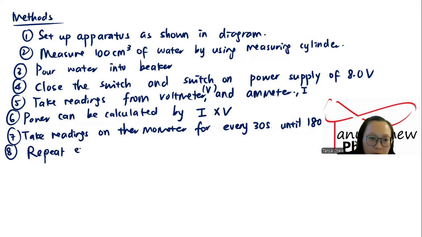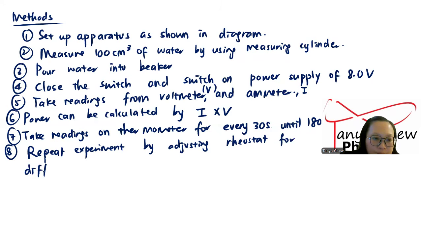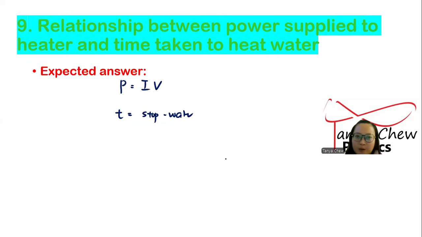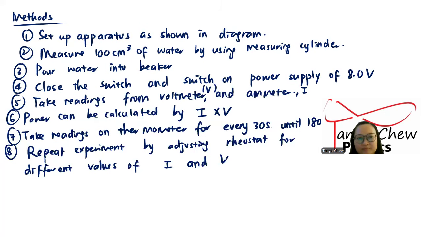Always repeat the experiment by adjusting rheostat for different values of I and V. So you see your power will affect, right? This question is about power affect the time taken. This is it.